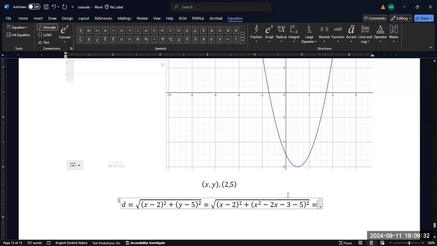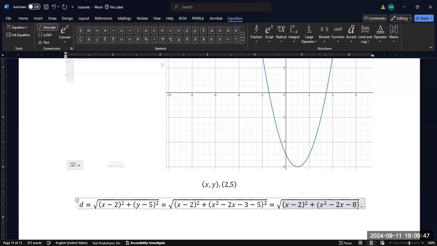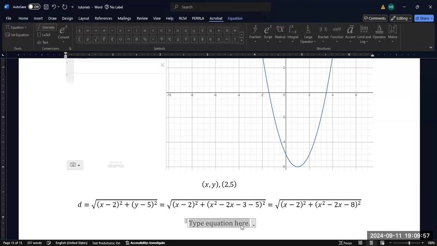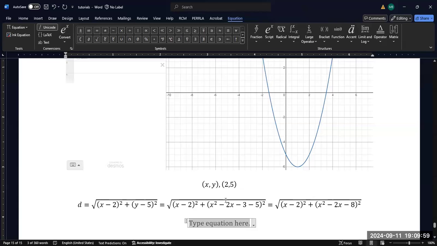And then we're going to simplify: (x − 2) squared and (x squared − 2x − 8) squared. Now, in order to simplify this any further, we're going to need to FOIL everything out.